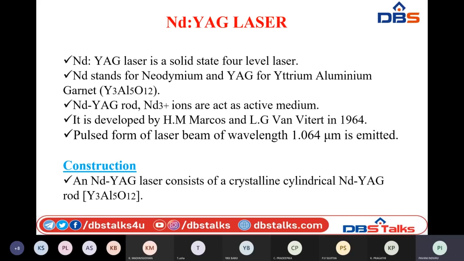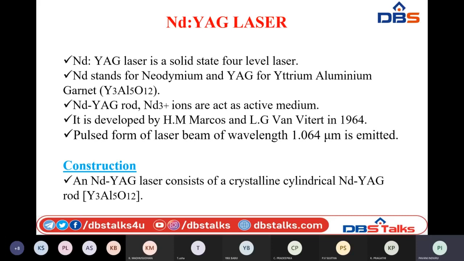So here the name Nd:YAG stands for neodymium and YAG stands for yttrium aluminum garnet. So this one is composed of 4 kinds of materials in it. Neodymium is 1, and Y3 is yttrium, Al5, O12.